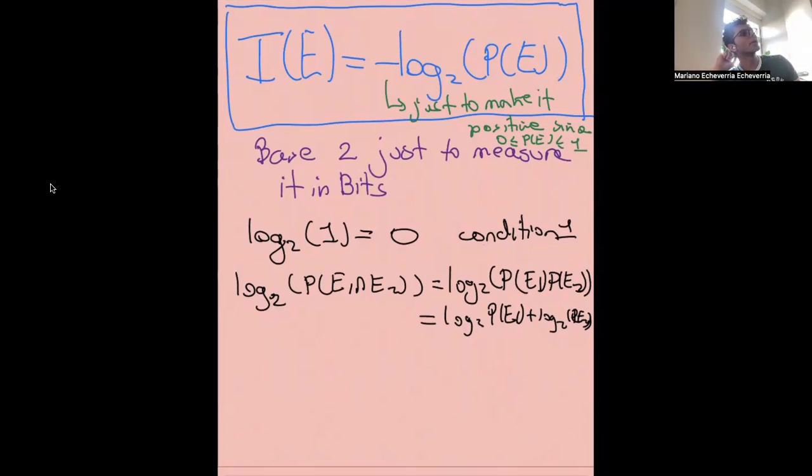So, for example, here's an example, just to make it more concrete. Here's a nice example. You have a fair coin, right?